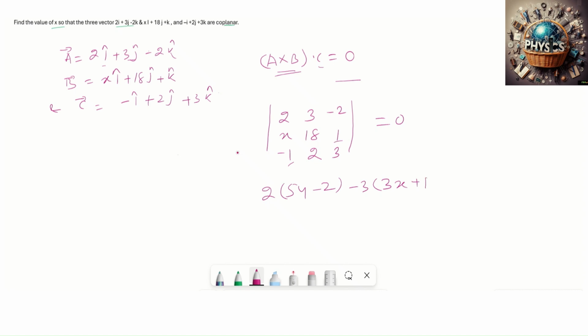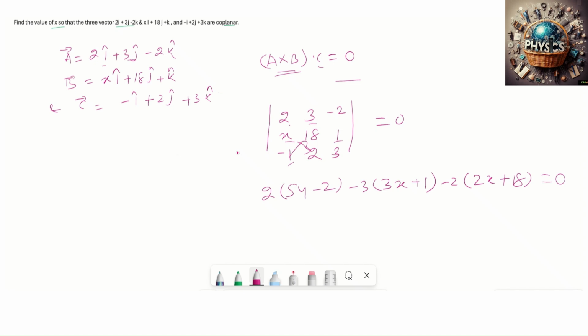Plus 1 minus 2 into, I have taken this one as minus 3 and then I have multiplied like this. Minus 3 into 3x, this one. And in this case, it's directly minus 2 into 2x plus 18, right? And this is equal to 0.